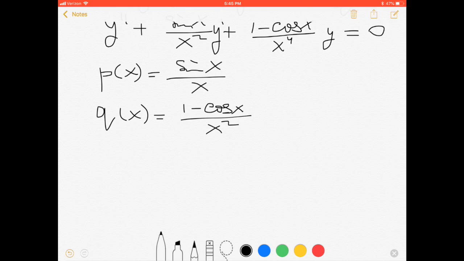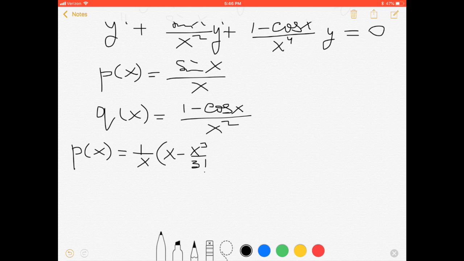Okay, checking whether it is analytic or not, we remember what kind of Taylor series we have for sine and cosine x, and we rewrite. p(x) will be 1 over x times sine x, which gives us x minus x cubed over 3 factorial plus x to the fifth over 5 factorial minus x to the 7th over 7 factorial and continue.